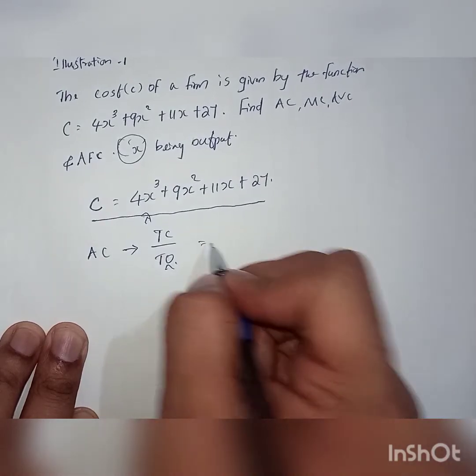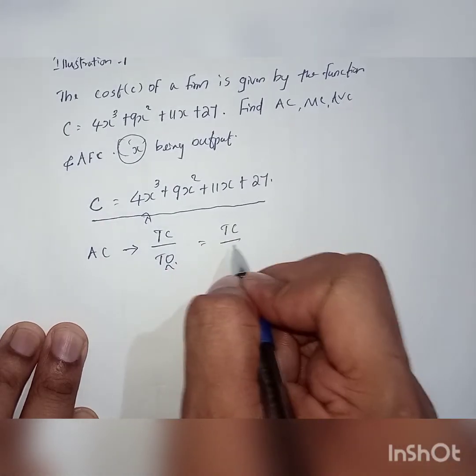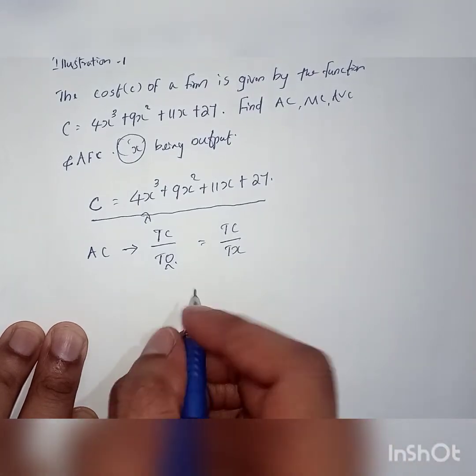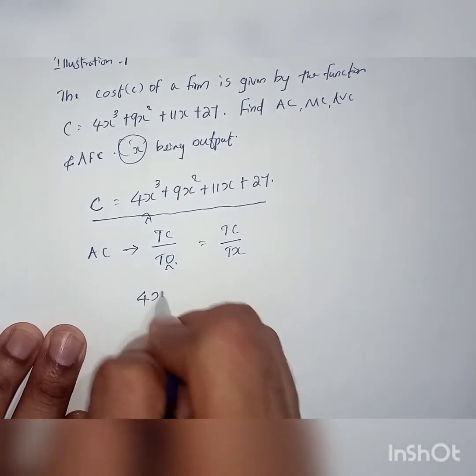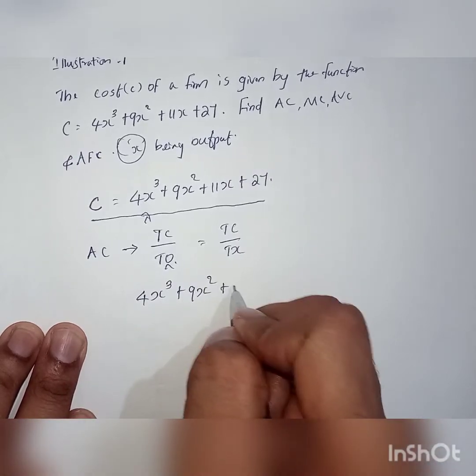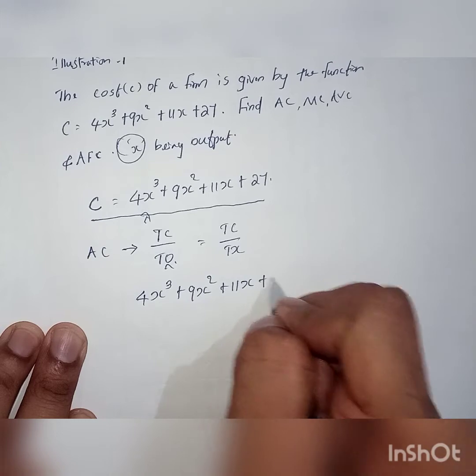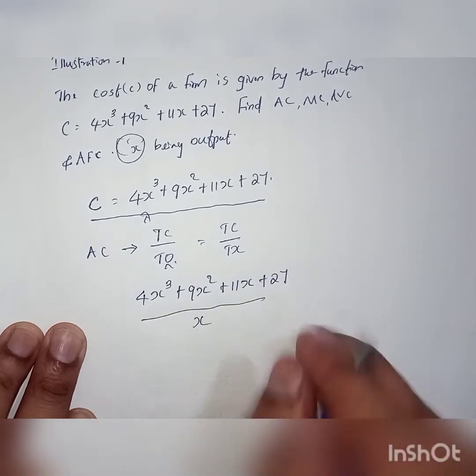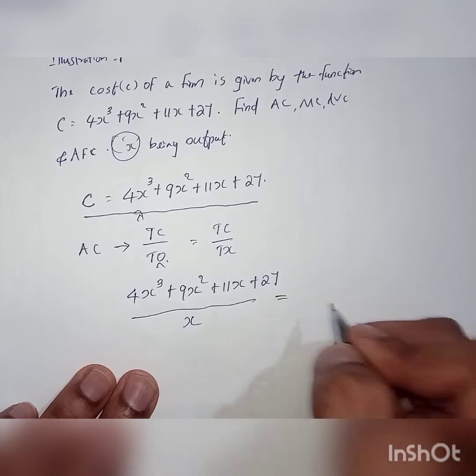So average cost equals total cost divided by x, which is 4x³ + 9x² + 11x + 27 divided by x.